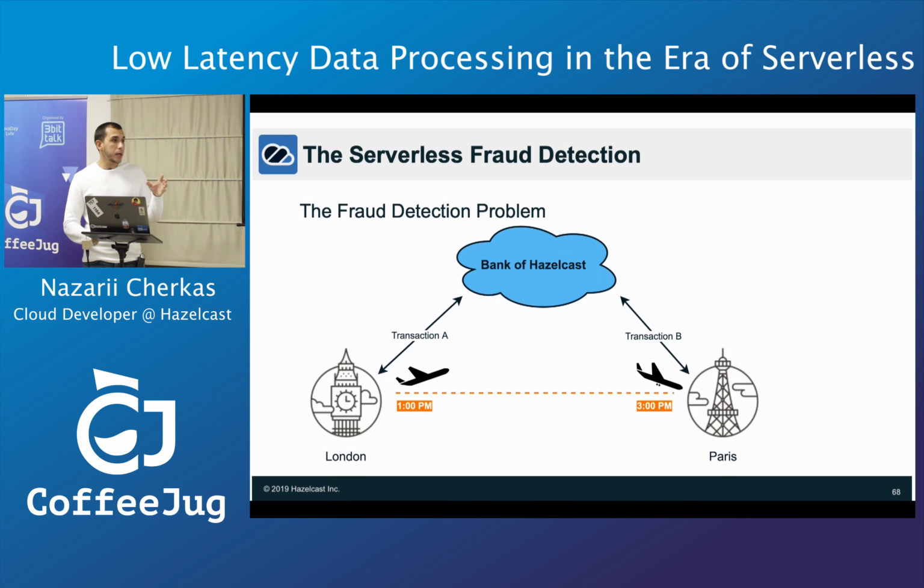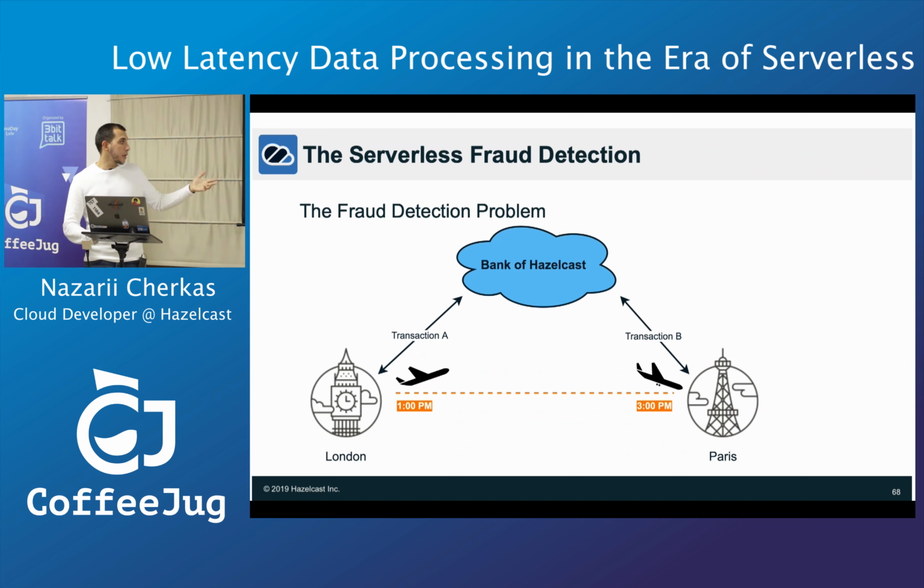We will be getting a transaction, and the bank of Hazelcast backend will be checking the coordinates of the airports and the time of the transactions, and will be deciding whether it was realistic for the client to move from one airport to another.